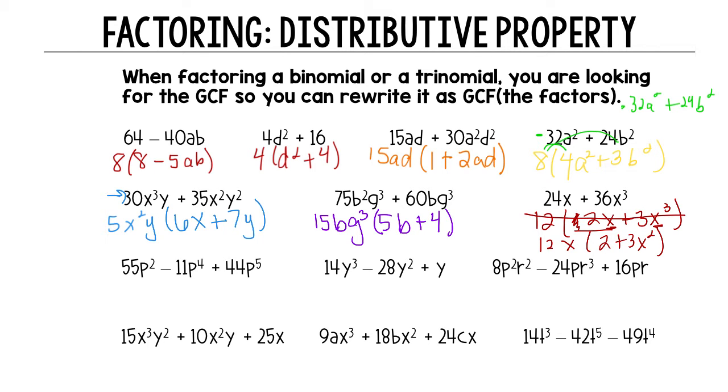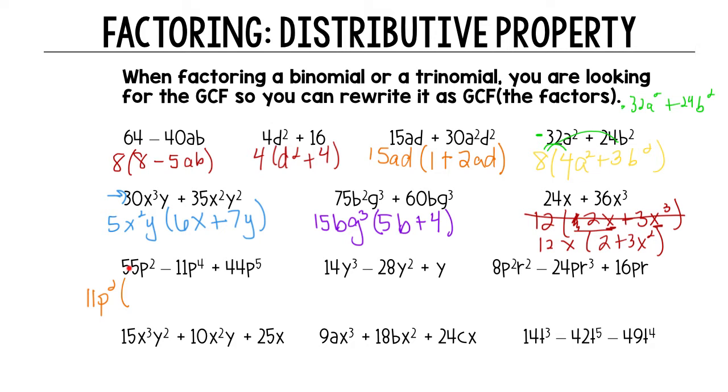All right, now I've got 3 terms. What I factor out has to be something I can factor out of all 3 terms. So I can factor 11 out of all of them, and they each have a p. This one's p squared, p to the 4th, p to the 5th. Like I said, whichever one has the smallest exponent, that's what I can factor out. So p squared.